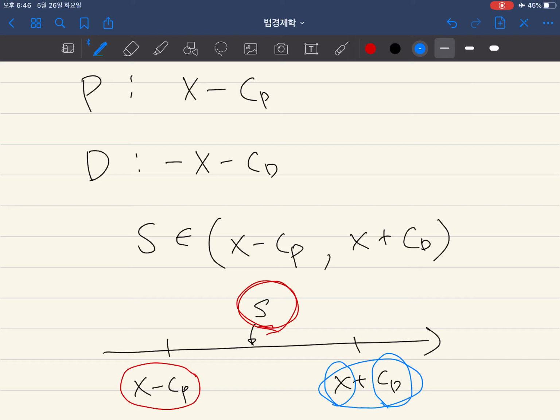But if defendant can settle at S dollars, defendant will pay S dollars to plaintiff, and that's it. So in this case, defendant is also better off because he can lower his cost. Therefore, there is settlement value for both of them. If they can settle in this range, then it is better for both of them.